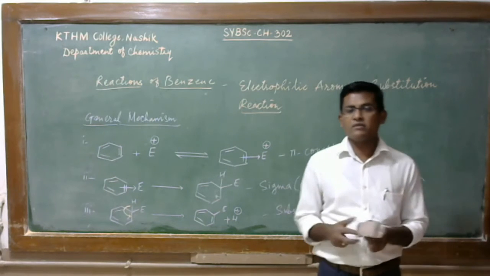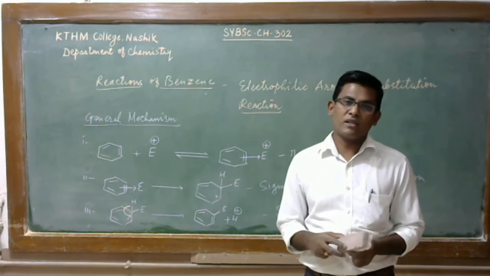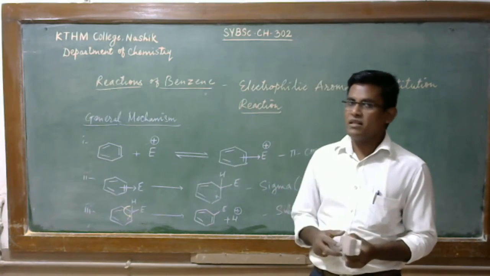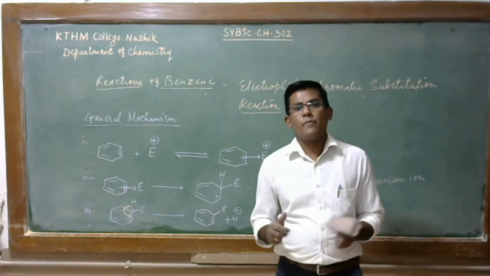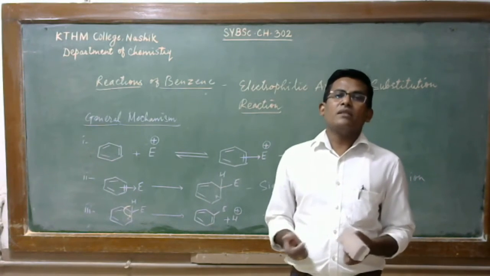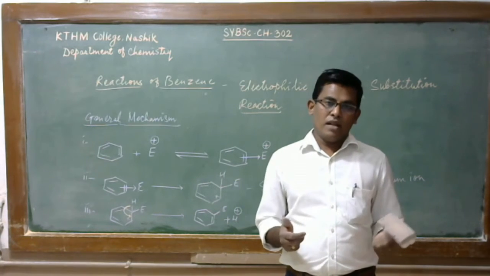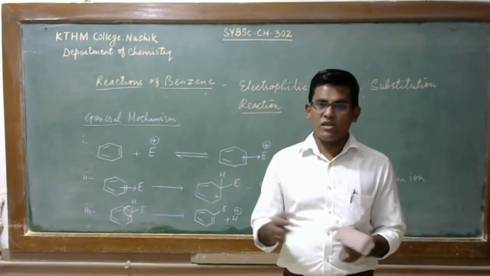Sulfonation involves oleum, a mixture of sulfuric acid and sulfur trioxide. So we can generate benzene sulfonic acid by using this sulfonation method. Nitration involves nitric acid along with a catalytic amount of H2SO4.